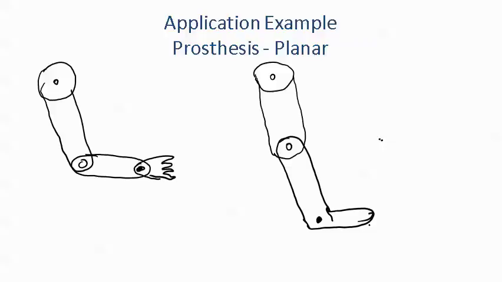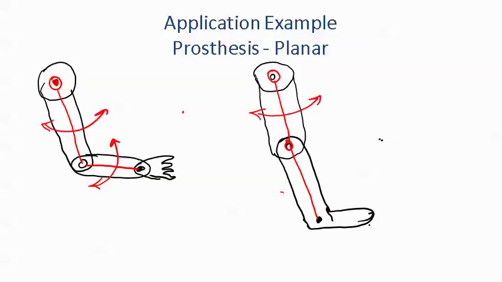If we look at these schematics, we can visualize that we can draw straight lines that connect these joints. And if we move any one of these joints, if we rotate any one of these joints, the fixed points will move on the plane.